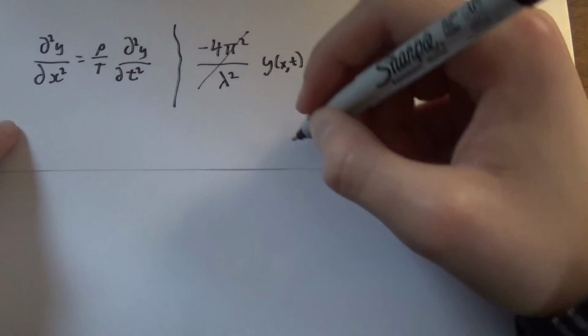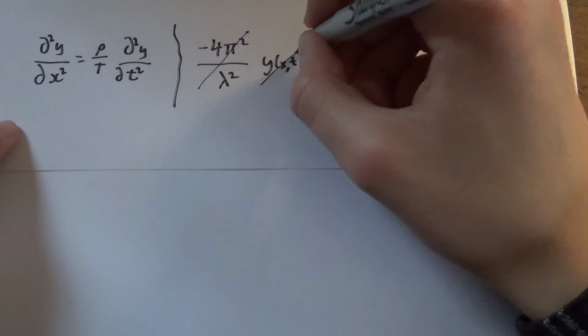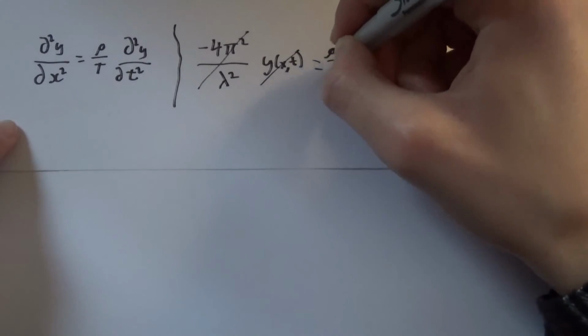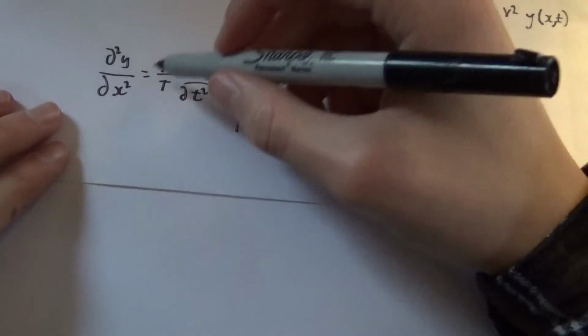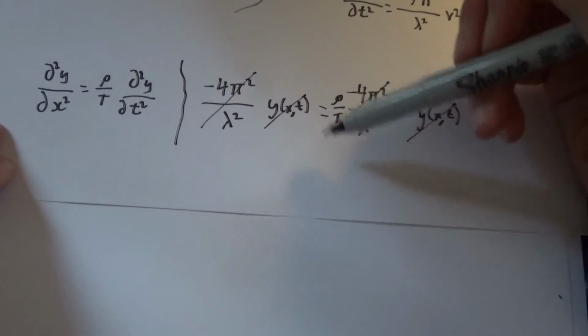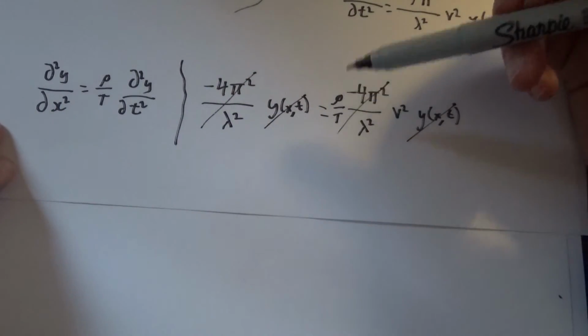These terms cancel. The y cancels. Oh, sorry about this. I forgot to put the rho over T out here from this equation. The rho over T was always there, because you have to plug that into the equation. So the rho over T is there.